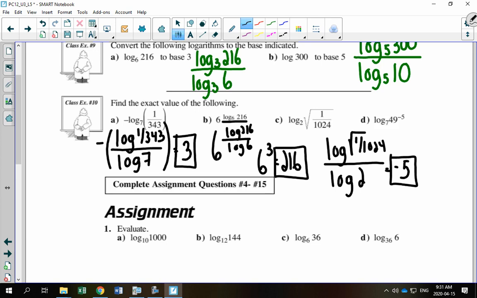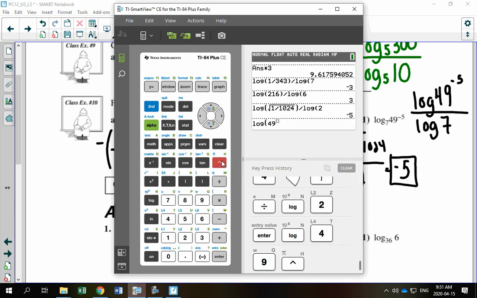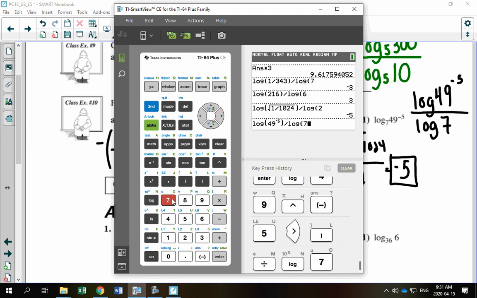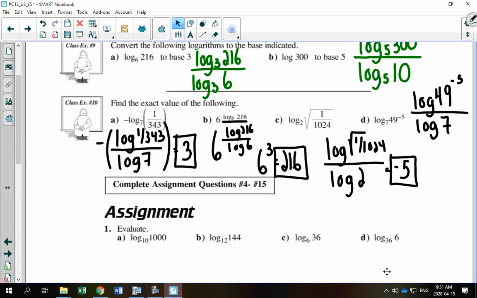Okay, and then last one here, same thing, just that extra exponent, so log of 49 to the power of negative 5 divided by log 7. So log of 49 to the power of negative 5 divided by log 7, and we get negative 10. Okay, so those are all of the class examples for lesson 5.